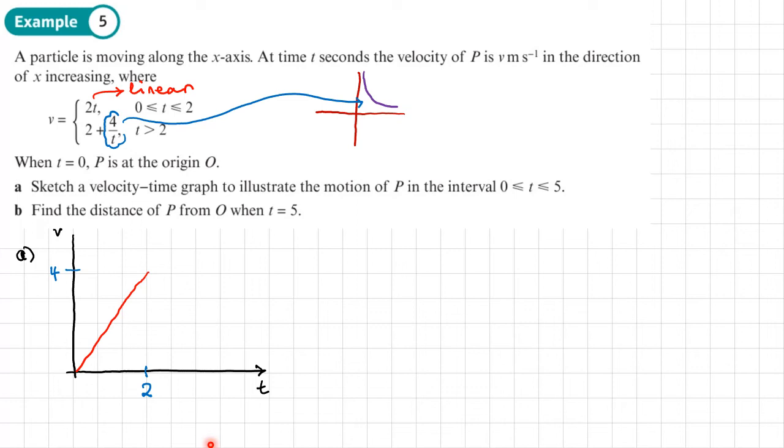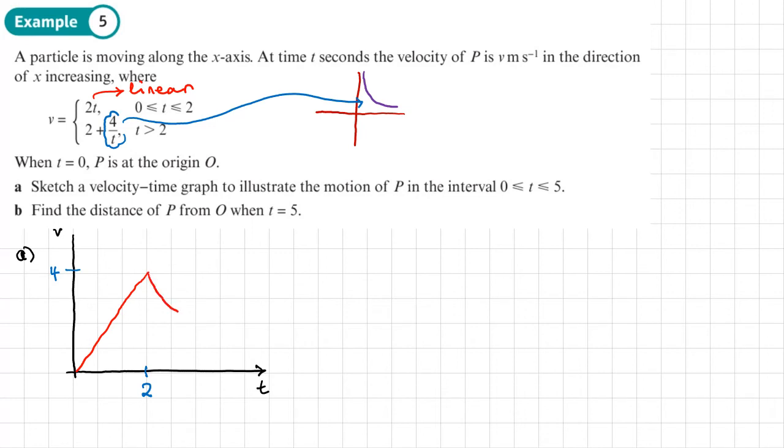And this reciprocal shape is going to continue where the last graph finished, because if you put 2 into this to see what happens as t approaches 2, you'll get 2 plus 4 over 2, 2 plus 2 is 4. So it starts just after 2, and it's going to be this reciprocal graph that goes down.